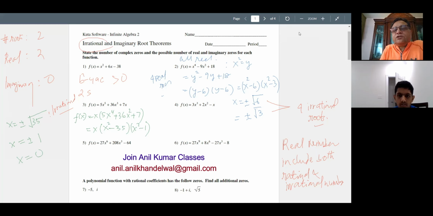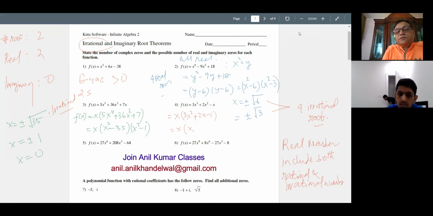f of x is 3x cubed plus 2x squared minus x. Let's do what we did in example 3 and see what we get. So we get x is common again. So 3 minus 1. You have 3, you need 1, so 3 and 2, right?